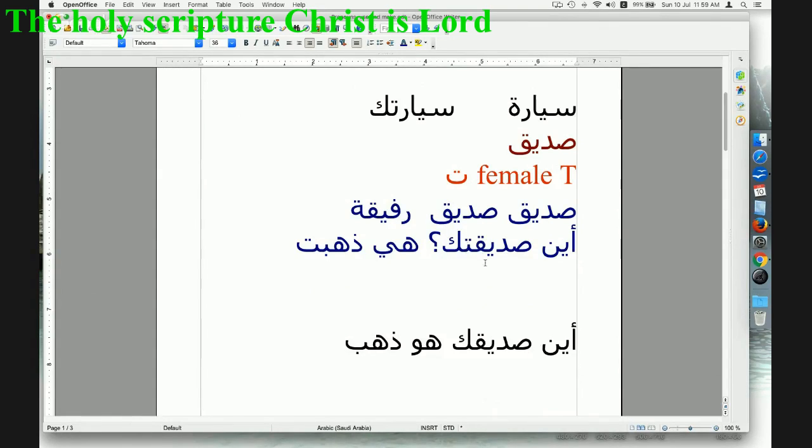We add the letter ka at the end, and that makes it belong to that person. That will not affect the nature of the word, whether it's feminine or masculine. So you add the ka to the end, whatever the word was before, and that will make it your thing. As an example, I will write the word computer in Arabic.